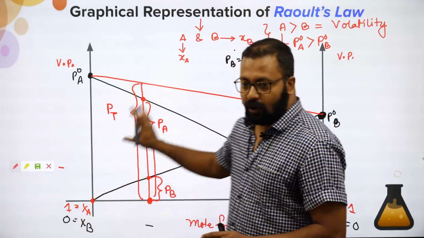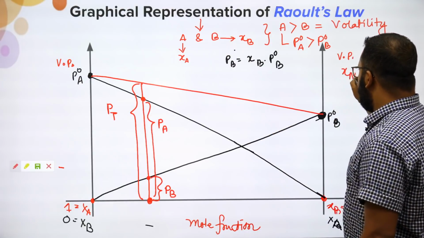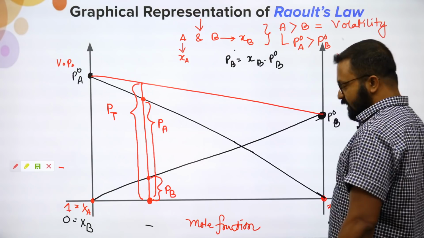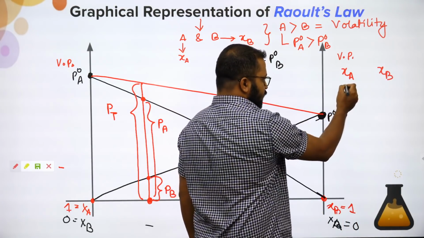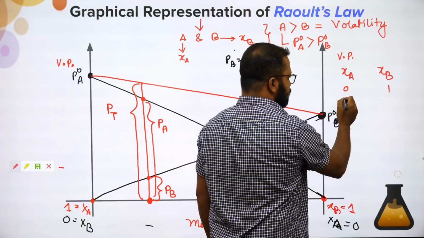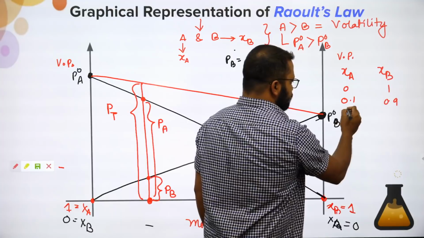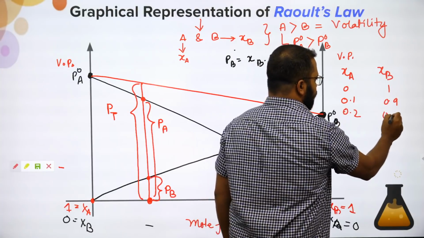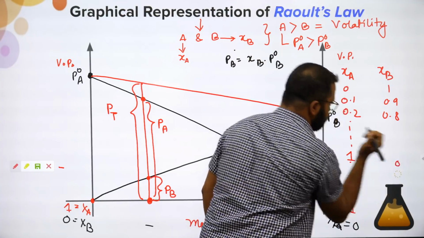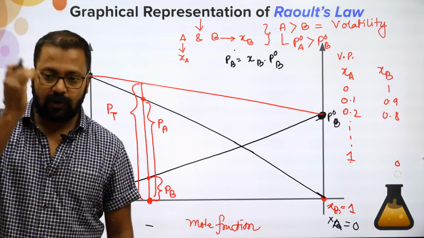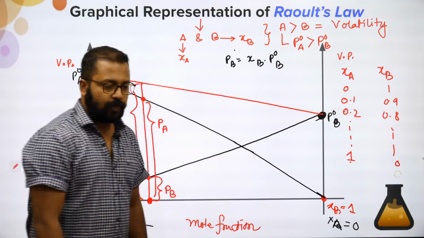You can solve this graphically. What you do is you take chi A and chi B values, and you take this as 0, this as 1, this as 0.1, this as 0.9, this as 0.2, this as 0.8, and so on and so forth, until this is 1 and this is 0. Take a graph paper and take all these values.